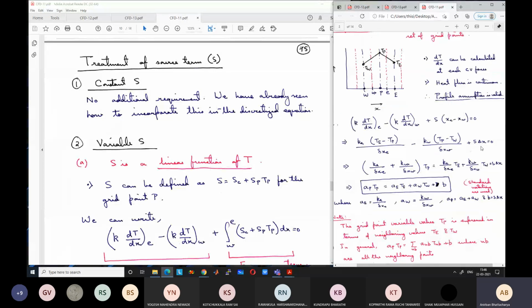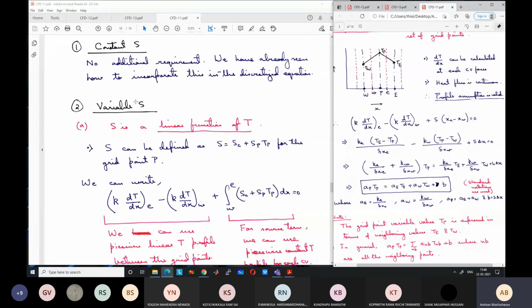So then the second point we had discussed was what if S is a linear function of temperature. Okay, so in that case S can be represented as some constant plus some linear function of temperature. So S is equal to Sc plus Sp TP, where Sc is the constant part of the source term and Sp is the coefficient of the temperature, TP is the temperature at the grid point.